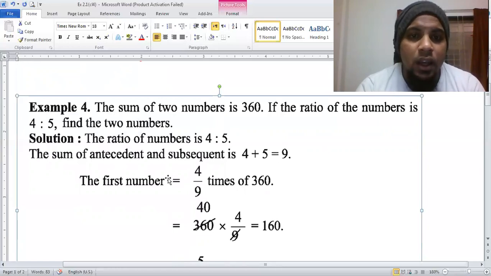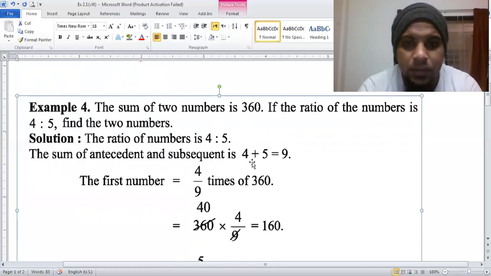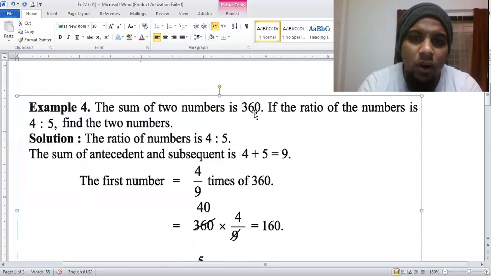The sum of the two numbers corresponds to the sum of the ratio, that means the sum of antecedent and subsequent. Here 4 is the quantity for the first number and 9 is the sum. So we have to write 4 by 9 times of 360.